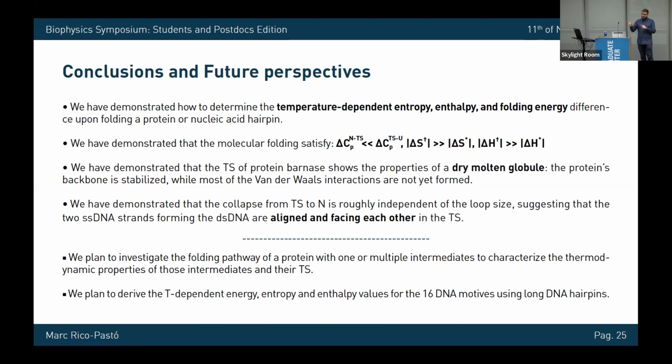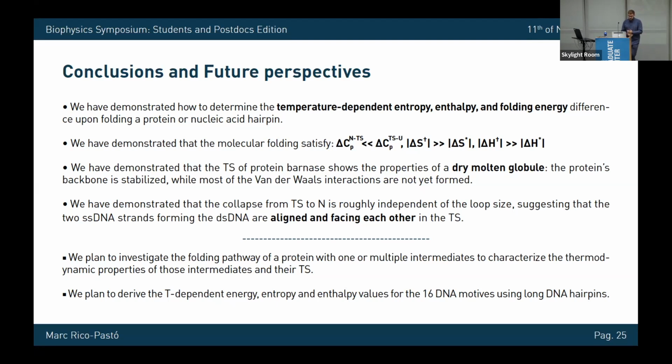And we will try to connect this energy landscape hypothesis with the novel foldon hypothesis, where it's claimed that the protein folds in different steps by forming intermediate states, but independently of each other.